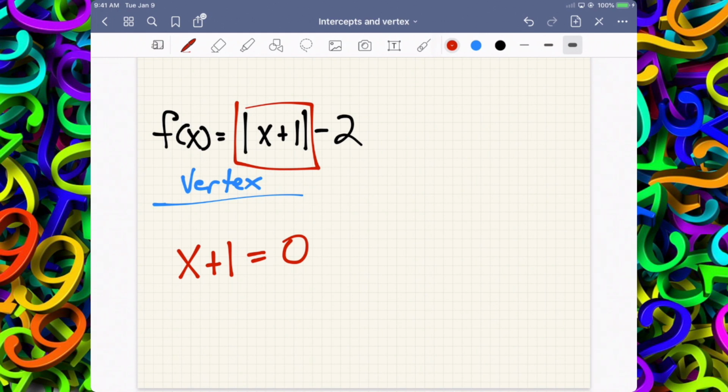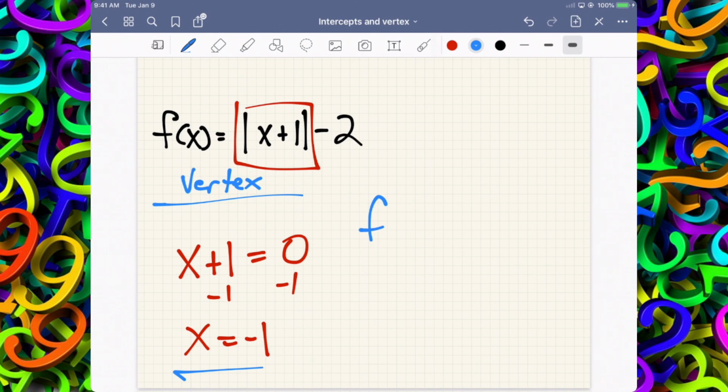And we're going to solve for x. Let's do that. -1 from both sides. X equals -1. This is going to be the x-coordinate of our vertex. Now to find our y-coordinate. Well, we know what the x-coordinate is of our vertex, so we're going to use that value of x to find our value of y.